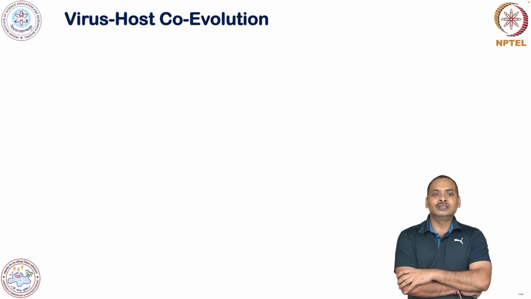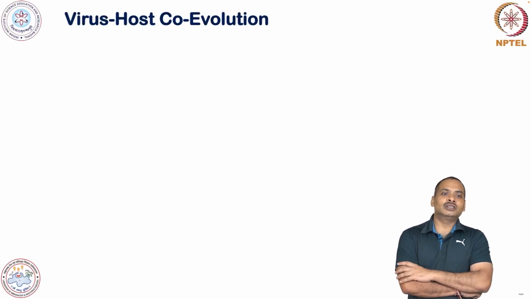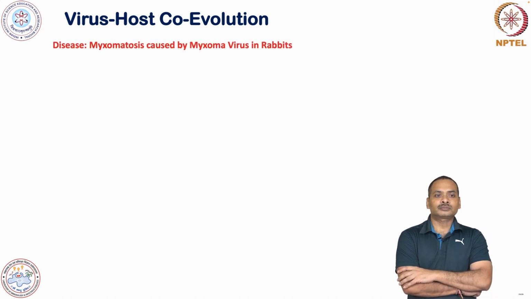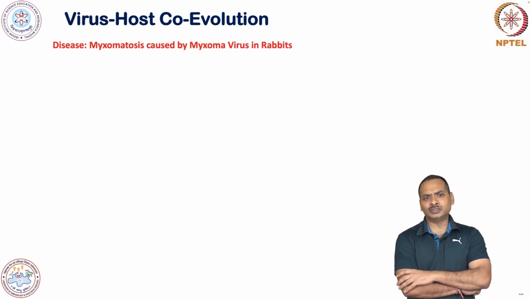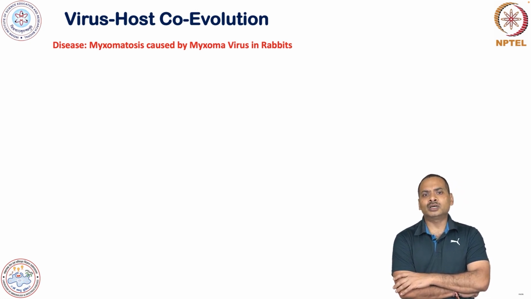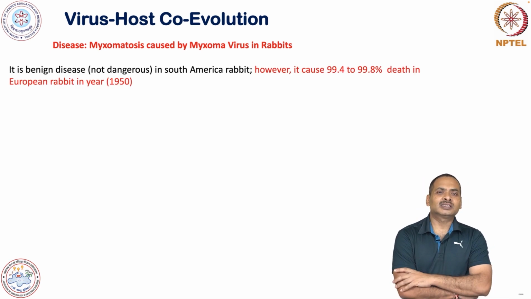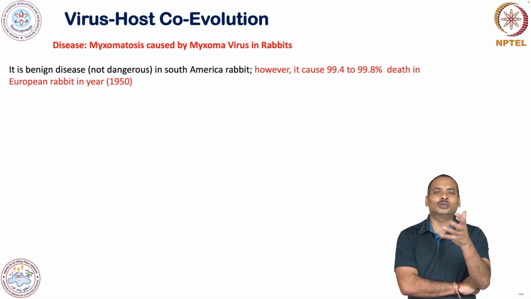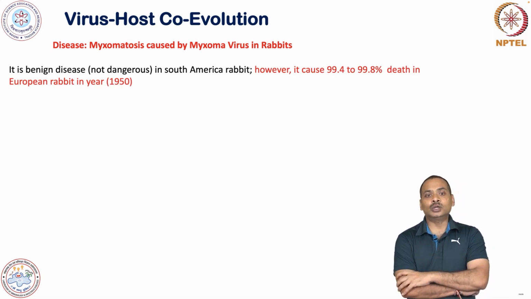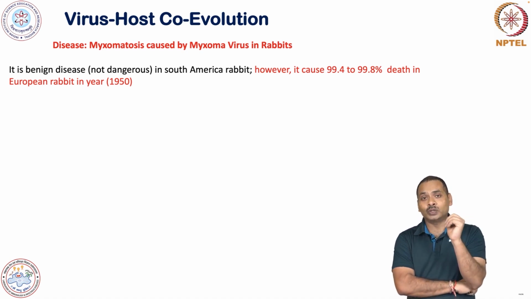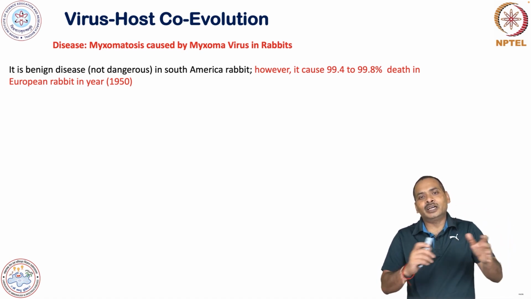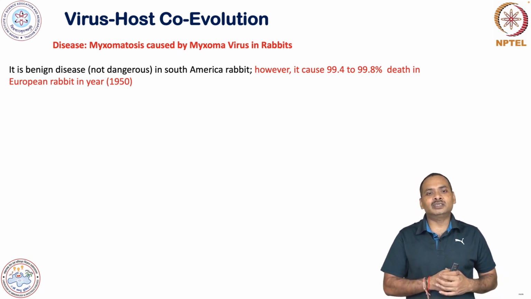Now I will show you this virus-host co-evolution. There is a disease known as myxomatosis caused by the myxoma virus in rabbits. This virus causes a benign disease, not so dangerous, in South American rabbits.